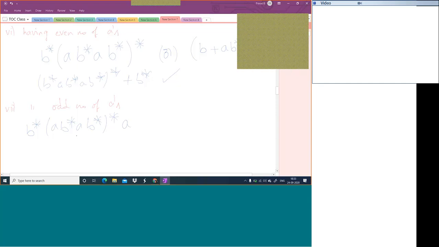If I take 6 A's from this, and 6 A's plus this A will be 7, odd. So A, then it can end with B's also. That is the reason this total is for odd number of A's.